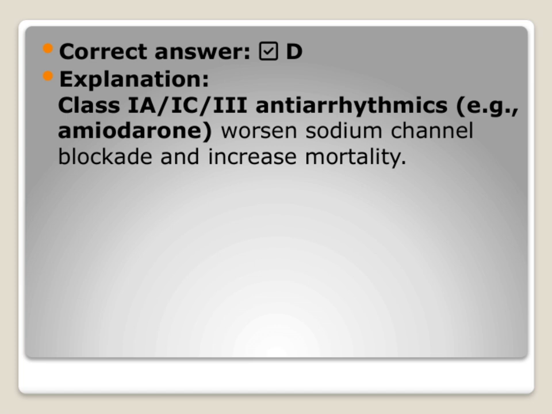So, understanding this is crucial because it highlights that not all antiarrhythmic drugs are universally safe. In fact, some, especially the ones in these classes, can be harmful if not used carefully. This underscores the importance of selecting the right medication for the right patient, considering these potential risks. This point ties back to our overall theme of safe and effective arrhythmia management.